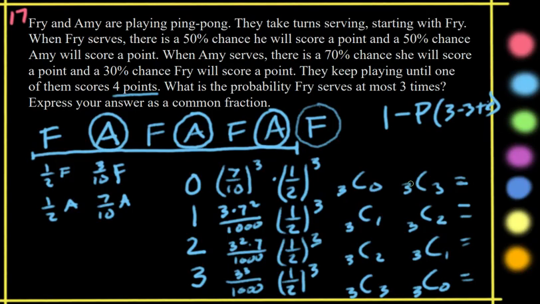So we got to multiply this all out. We'll get 4 answers. We'll add those 4 together, and that will give us the probability of a 3-3 tie. Then we'll do 1 minus that.